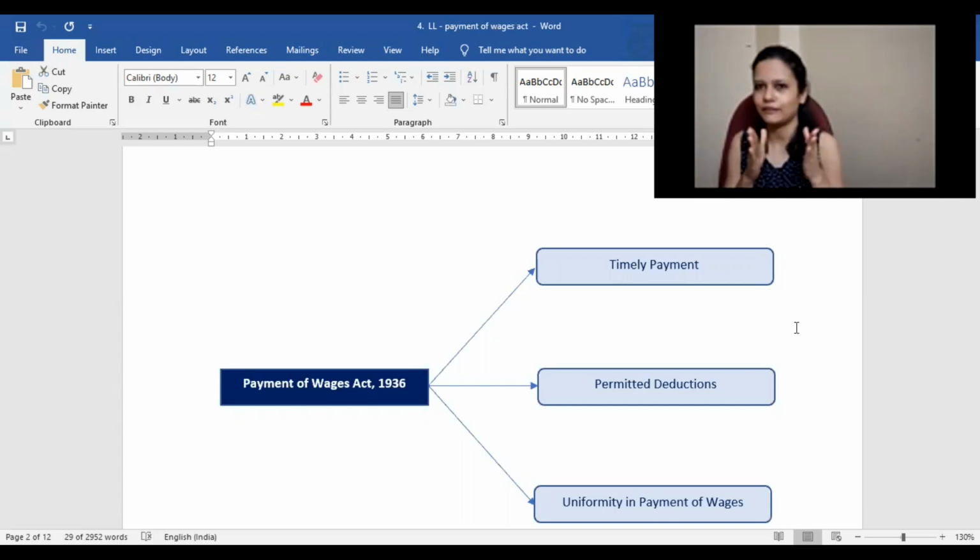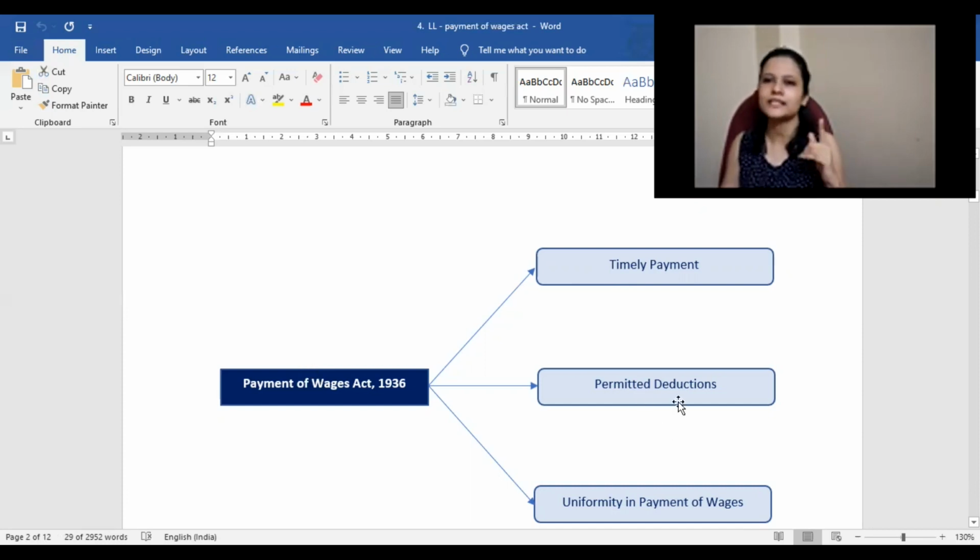There should be one fixed time, whether it is the 1st of every month, 31st, 7th, 5th, 10th, whatever it is, it should be fixed. So the first problem was untimely payment, that payment was not received on time. To address that problem, this Payment of Wages Act was introduced.